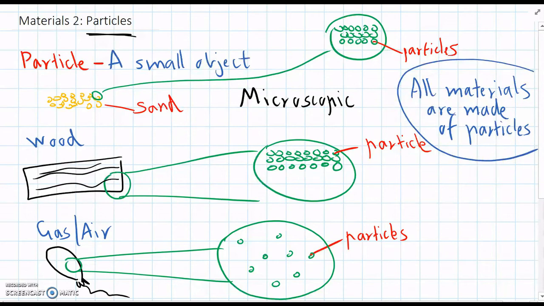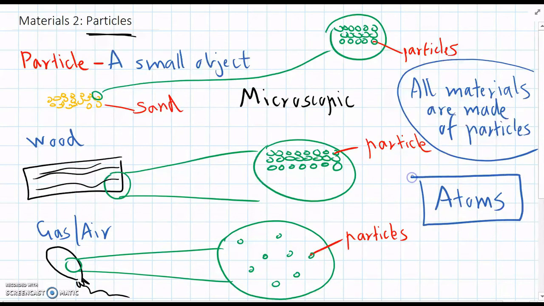And the most common or the smallest particle that make up materials, these are called atoms. We won't go into much more detail about what atoms are, but these are the most common particle that make up different materials, like wood or rocks or sand, or liquids like water as well.